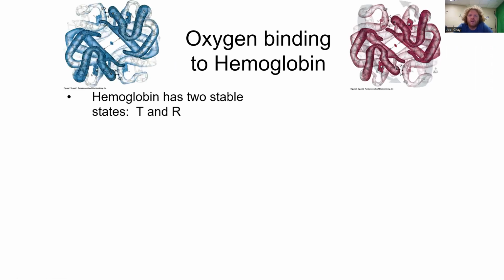If you look on the left and right-hand sides at the top of the figure here, what we have are two different model representations for hemoglobin. At first glance, they're kind of similar to one another. But to focus in on the subtle differences, look at the model on the left-hand side, which has a bluish green, sea green type of appearance. Look at that central cavity. This central cavity is that big.